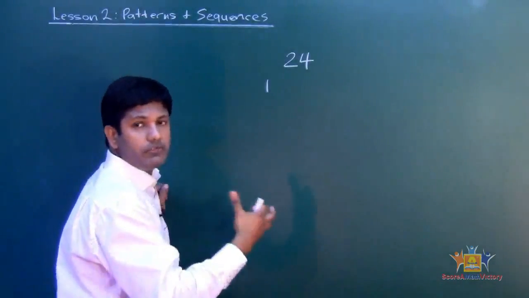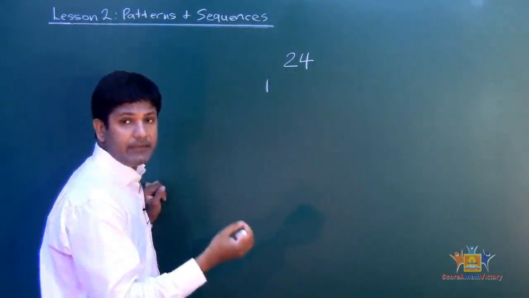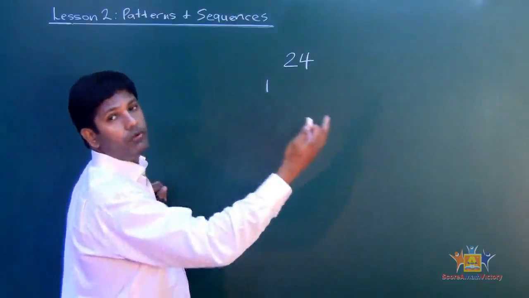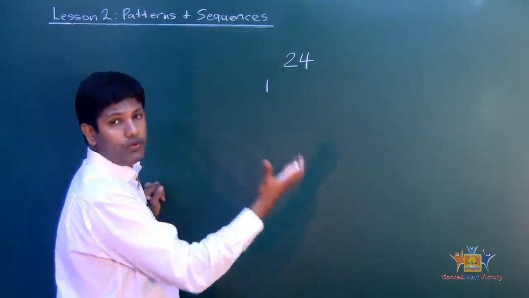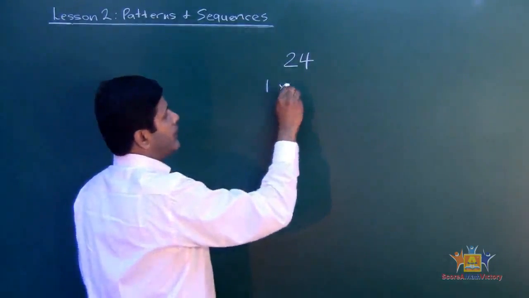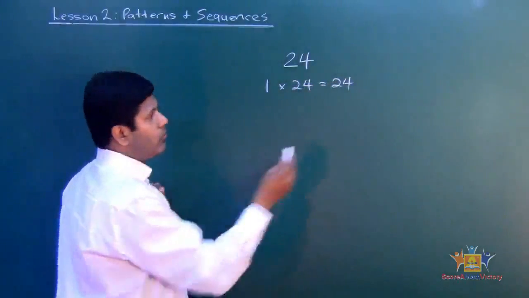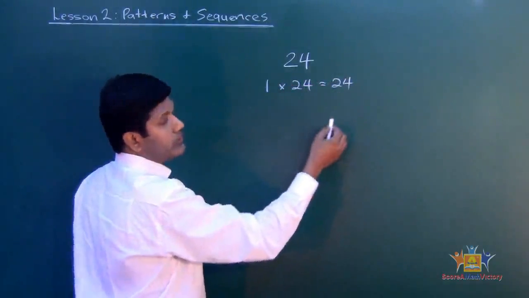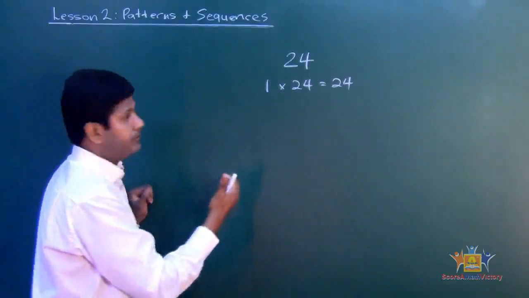All numbers will have 1 as a factor, just keep in mind, because 1 is the identity. 1 times 24 will give me what? 24. So I'm taking 1 out of the 24, but it still remains 24. Our goal is that whatever I factor out, when I multiply it with the number that is left after I factor out, it should always give me 24.